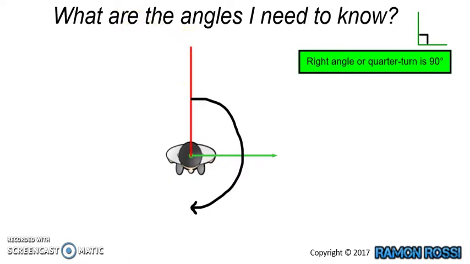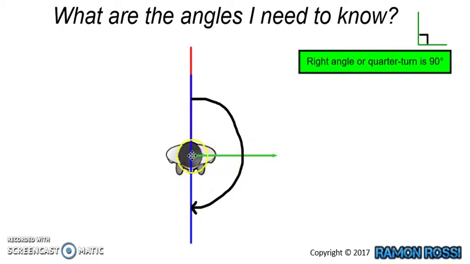Well, let's look at this. If we look at where he started, which was facing straight up, and where he's facing right now, what is that? This blue line here, it's a straight line, isn't it? And this straight line is really an L shape here for this part, and another L shape in this part.